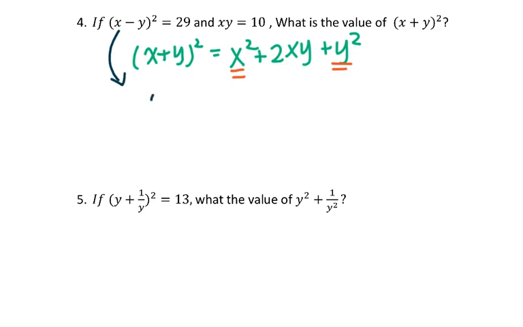From (x minus y) squared, you get x squared minus 2xy plus y squared.